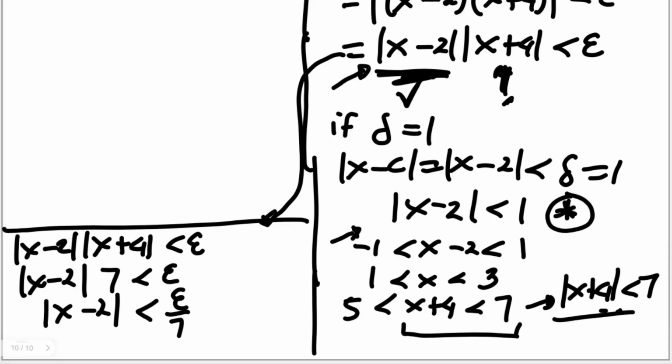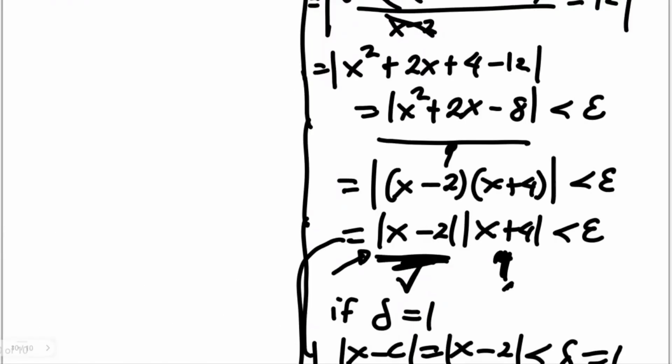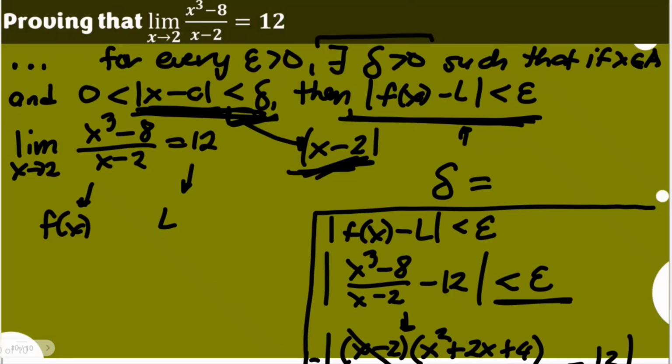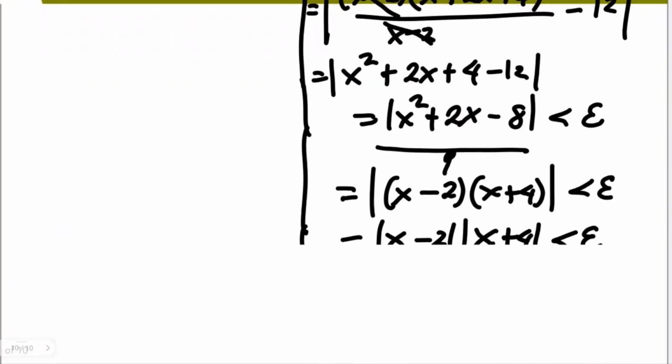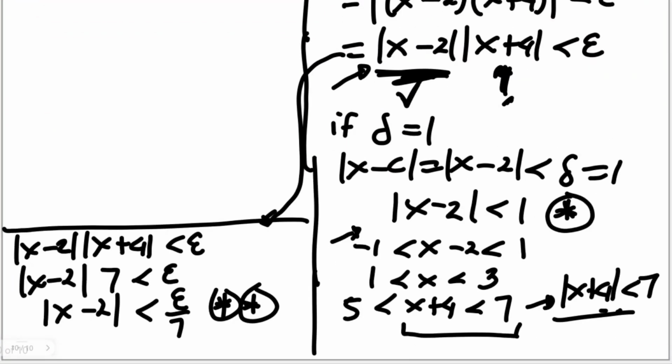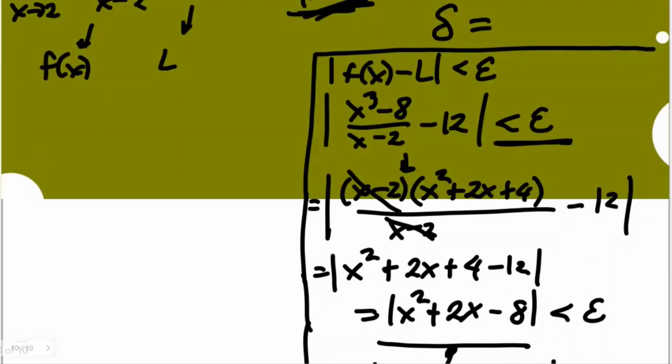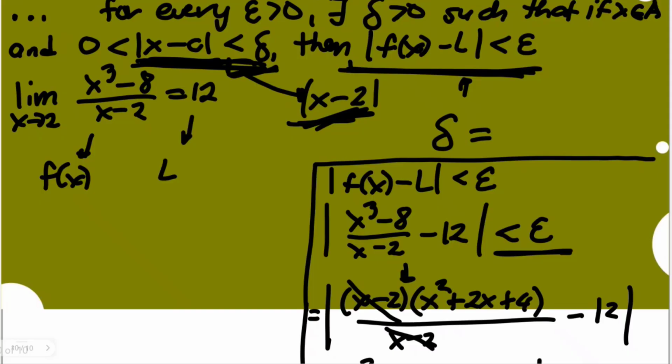So we now have two forms for x minus 2, which are actually essential to be less than delta. If x minus 2 here is less than 1, and x minus 2 is less than epsilon over 7, where x minus 2 is less than delta, so delta could be the infimum between, what was that? 1?